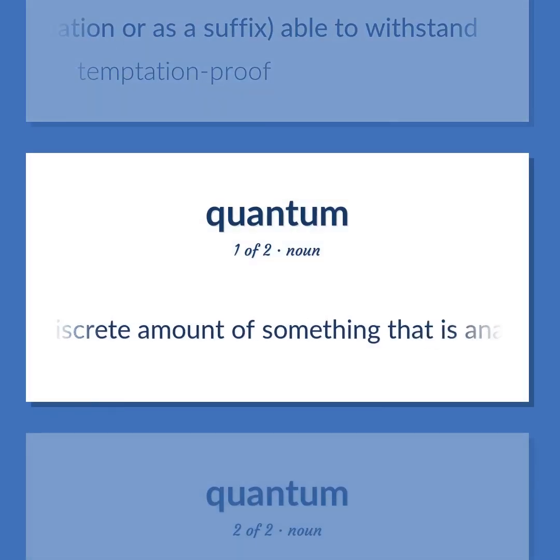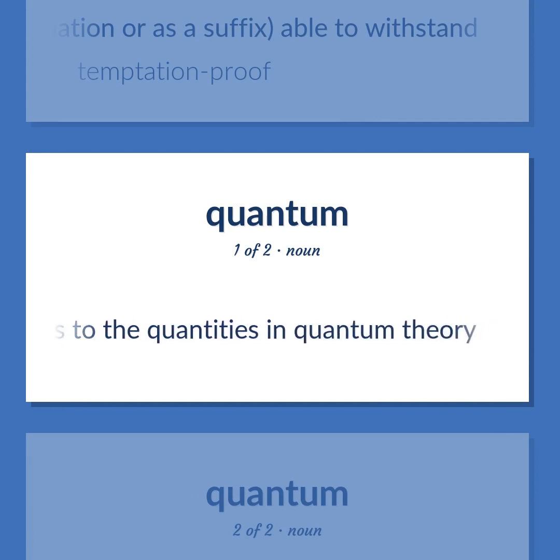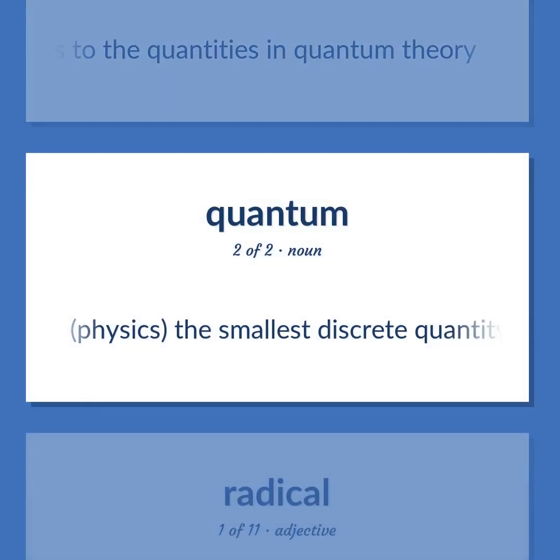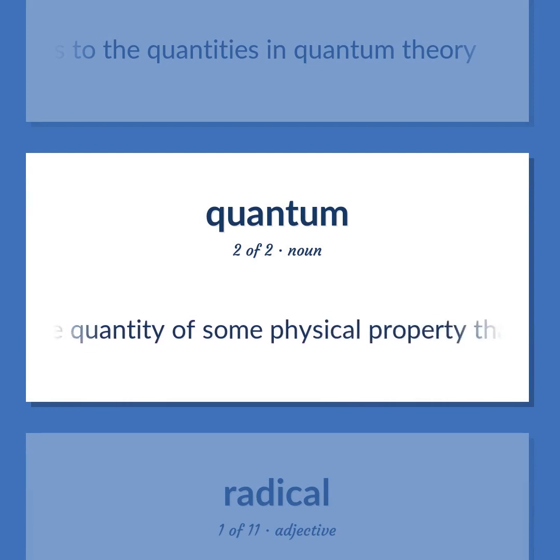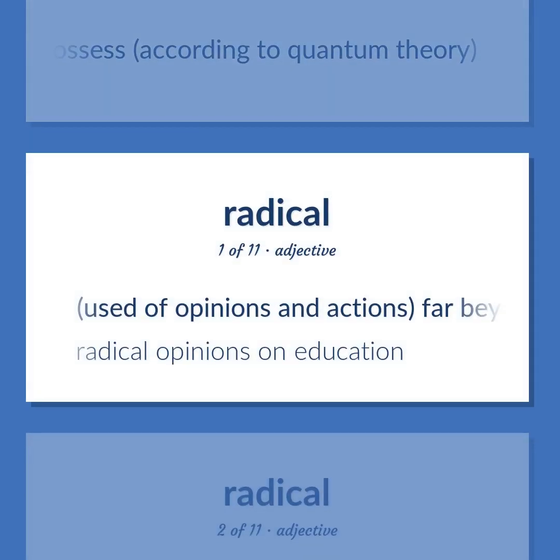A discrete amount of something that is analogous to the quantities in quantum theory. Physics, the smallest discrete quantity of some physical property that a system can possess, according to quantum theory. Used of opinions and actions, far beyond the norm. Radical opinions on education.